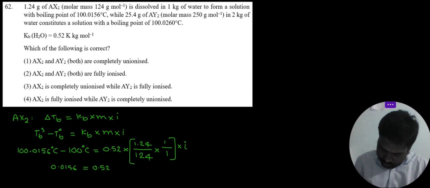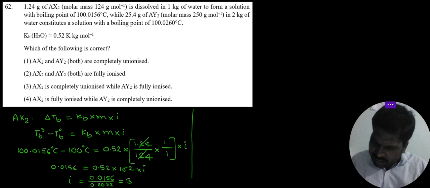So the Van't Hoff factor i equals 0.015 by 0.0052, that is equal to 3.